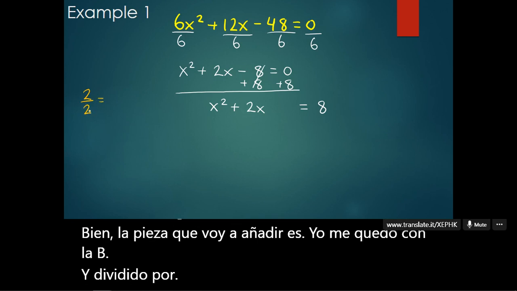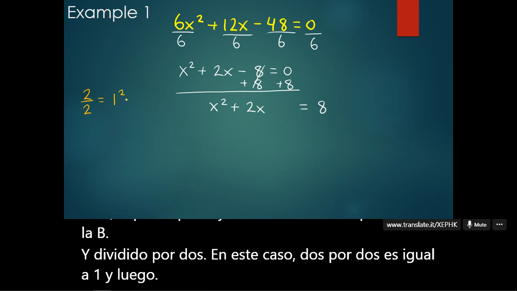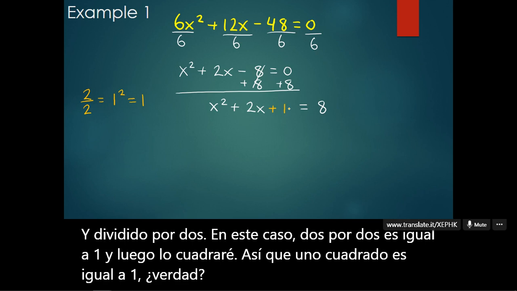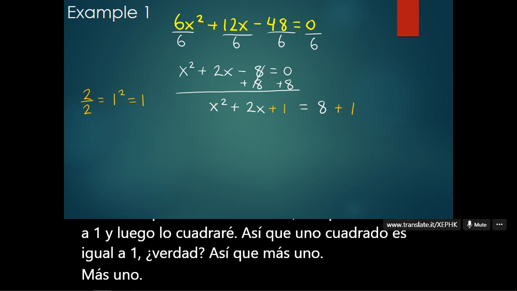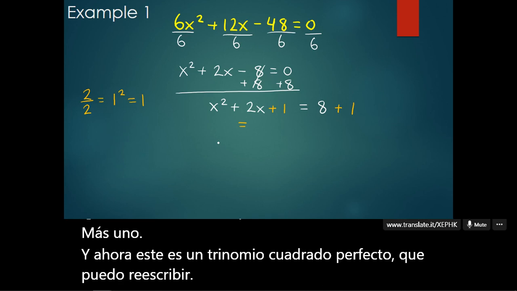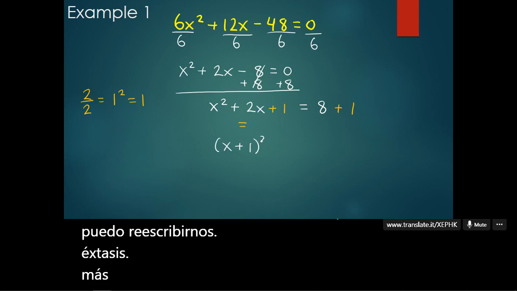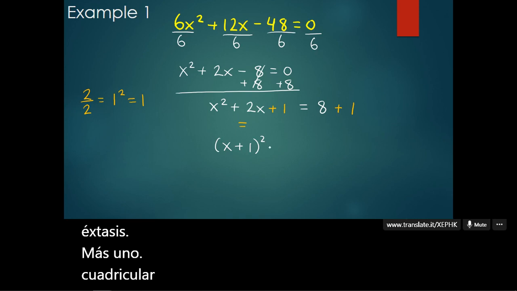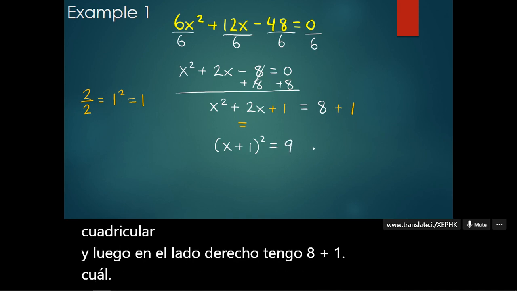In this case, 2 over 2 is equal to 1. And then I'll square it. So 1 squared is equal to 1. All right, so plus 1, plus 1. And now this is a perfect square trinomial, which I can rewrite as x plus 1 squared. And then on the right-hand side, I have 8 plus 1, which is 9.